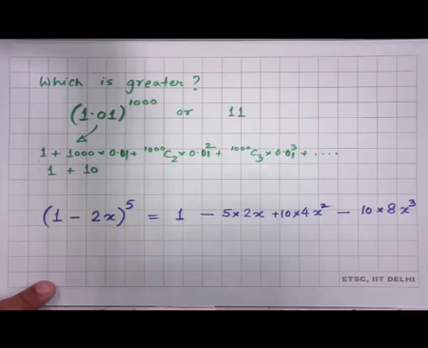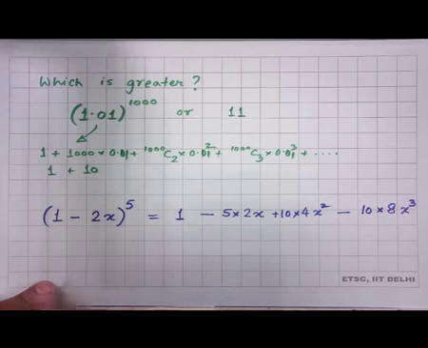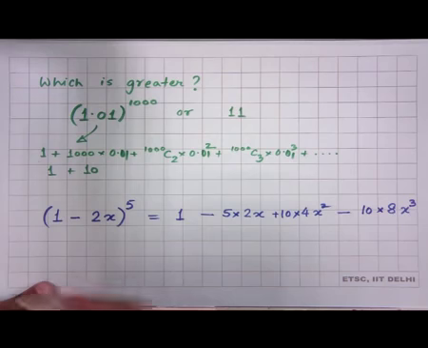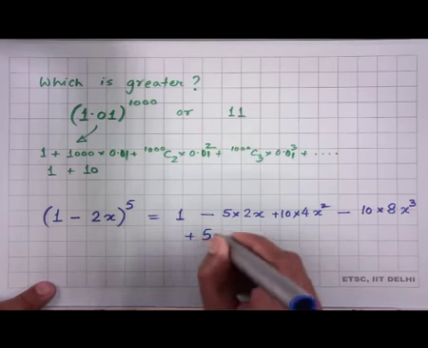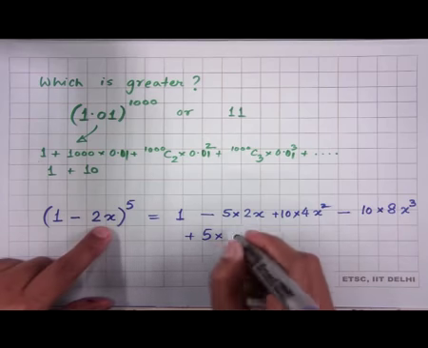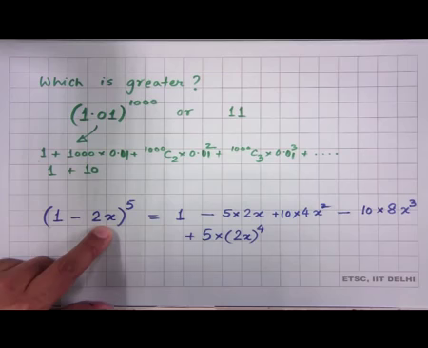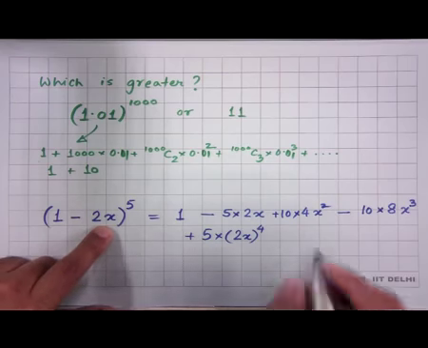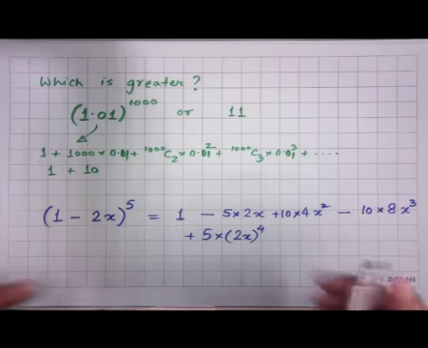And then you want to pick 1 only once and 2x 4 times. And how many ways can you do that? You can do that 5 different ways. So, you are going to pick 2x 4 times, means you are going to do 2x whole power 4, that is 16x power 4. And then finally, you want to take all the 2x's and multiply them together.